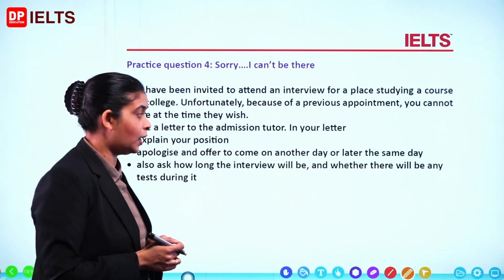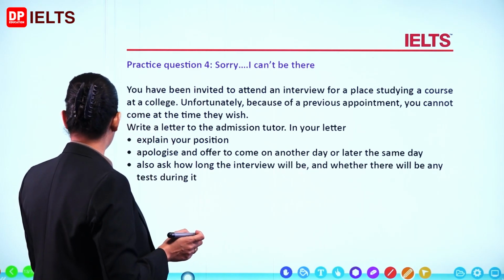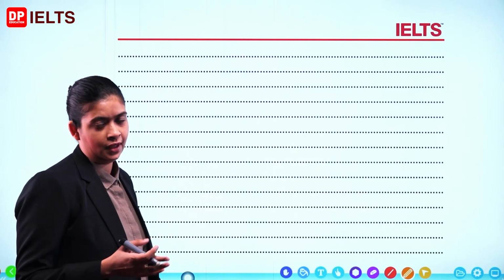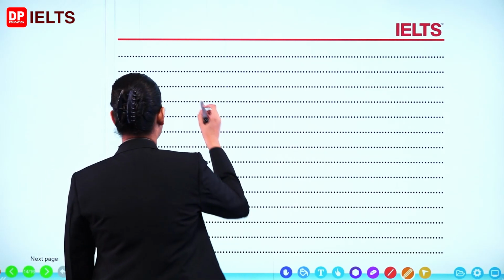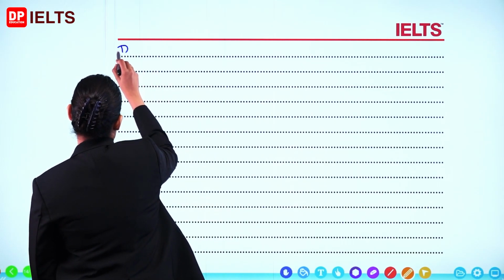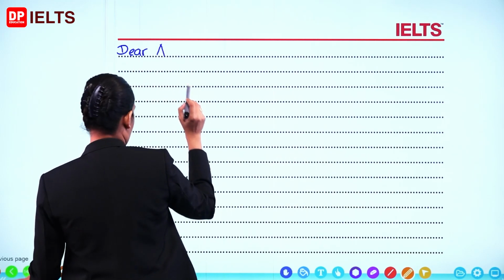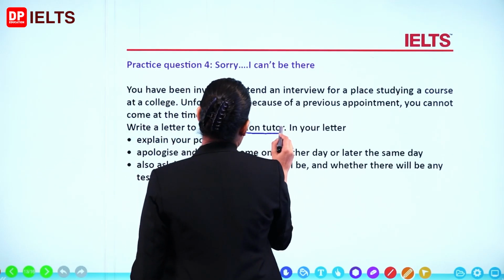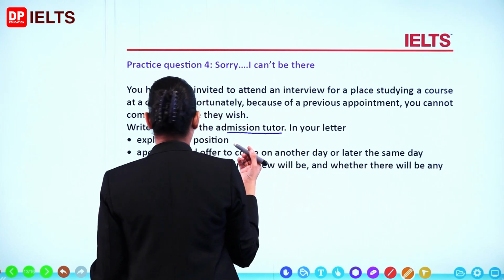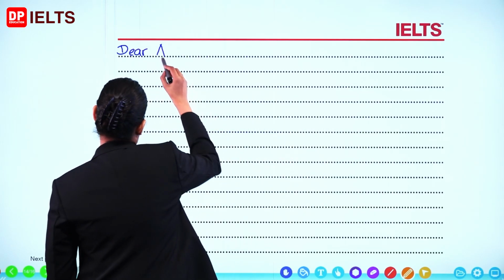Okay, so if you have finished, let's have a look at a sample answer. දැන් ඔයගොල්ලන්ට කියන්න පුළුවන් dear sir නැත්නම් කියන්න පුළුවන් dear admission officer නැත්නම් dear admission tutor. Okay, I would say dear admission tutor.